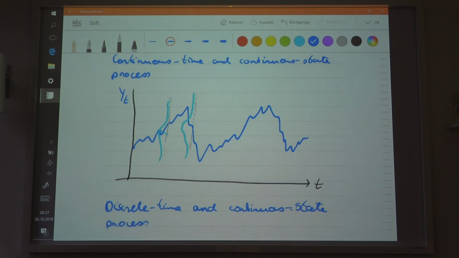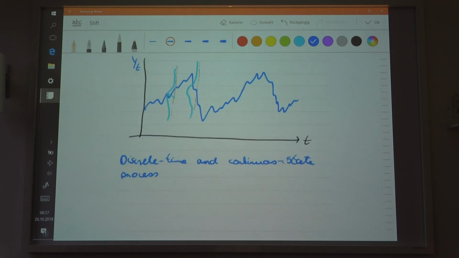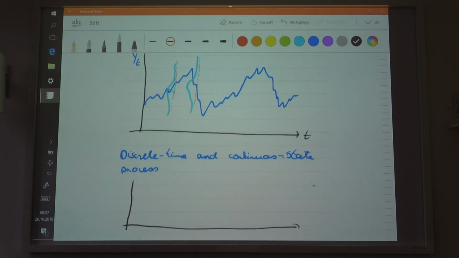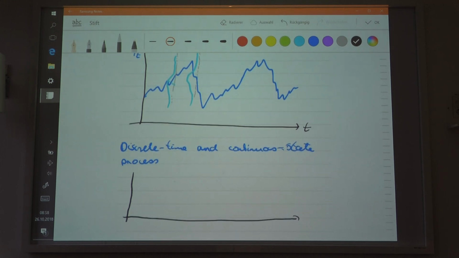This looks as follows. It is more or less the same as the previous one, but you have these kinds of interruptions at the observation points. I try to stick to the previous example.